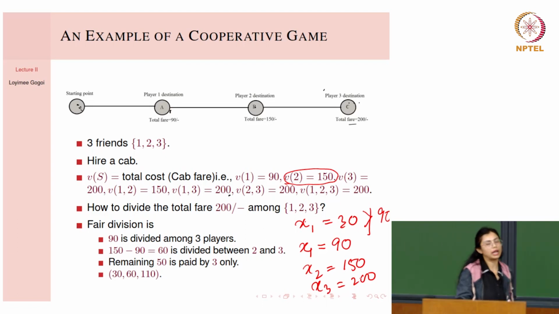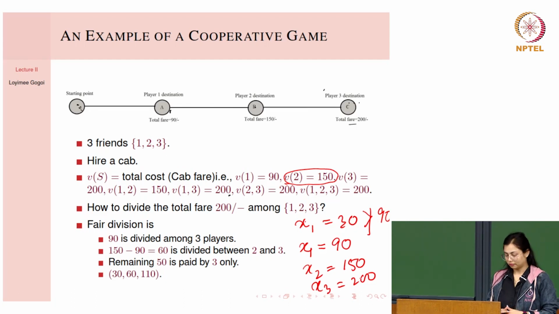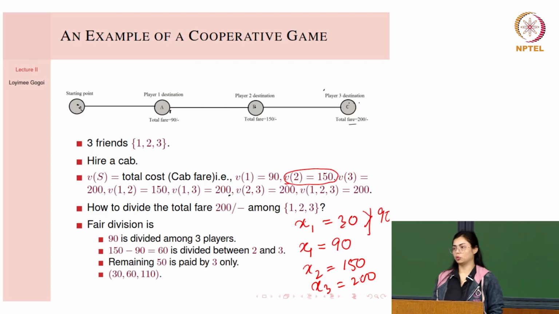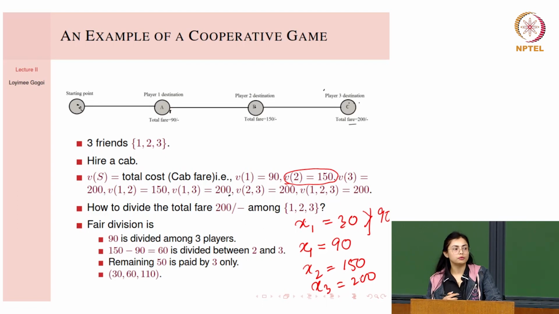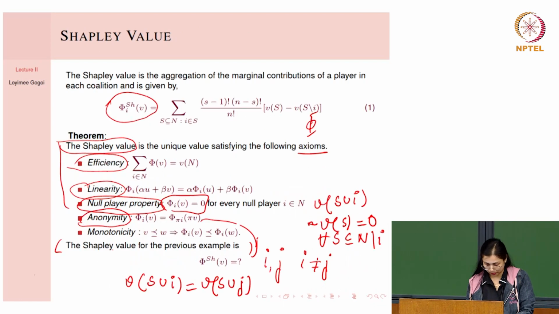So here we don't have a core, right? For this game we don't have a core. So sometimes we don't have a core. As I said, if we have a game, we always have a Shapley value, but sometimes we don't have a core. So the core may be empty sometimes.